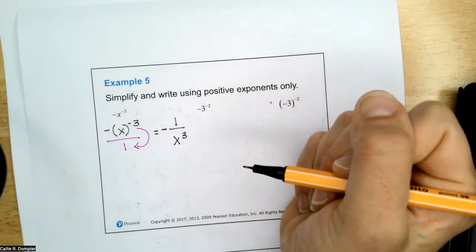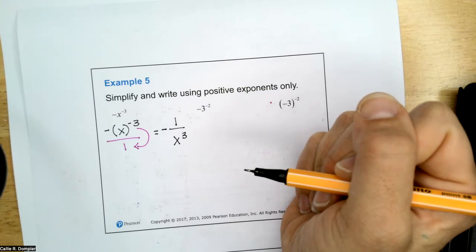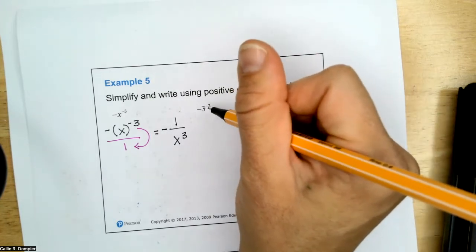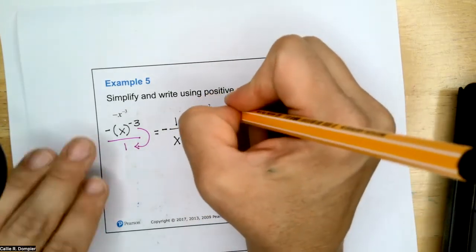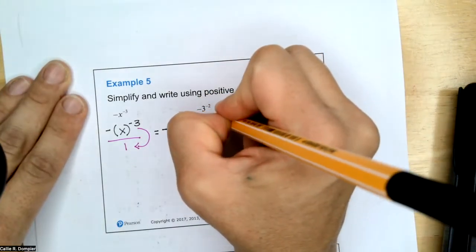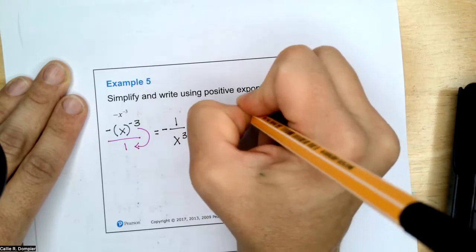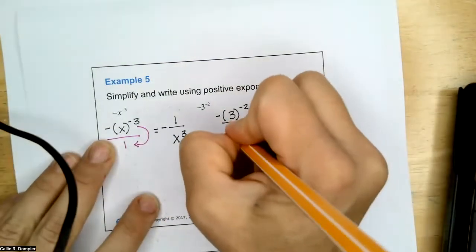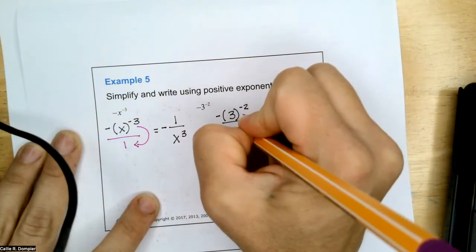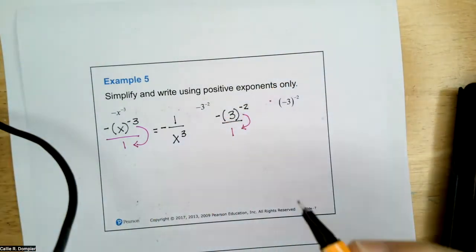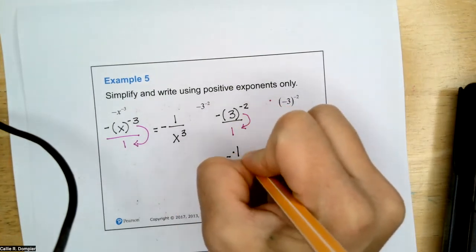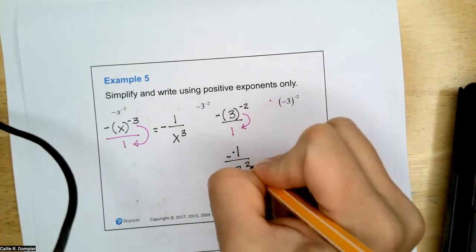-3 to the power of -2. Again, the negative is not part of the base, so we're only going to move the 3. So that is -3 to the power of -2. Again, we're going to move it across the fraction bar, just the 3. So that becomes -1 over 3 squared.